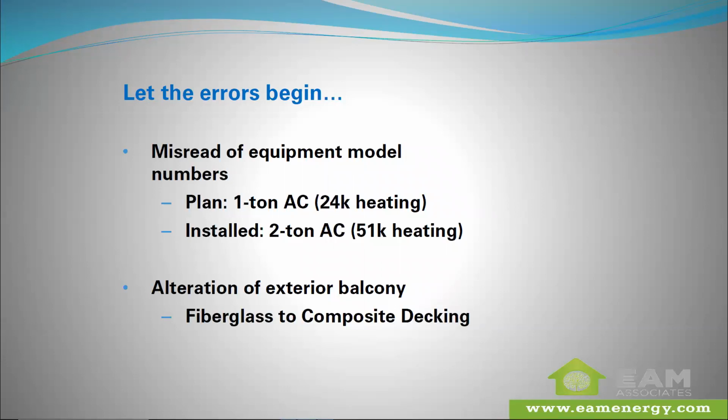The plan called for the 24K version of the heater, and they ended up installing the 51. The second bullet point there has to do with those quote unquote unrelated changes that affected the return duct layout, and that was the alteration of the exterior balcony from a poured fiberglass deck to an open composite decking.